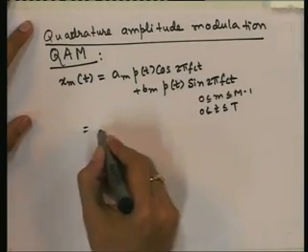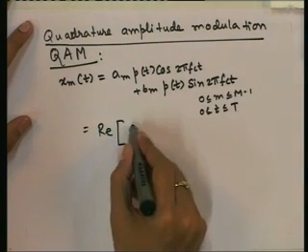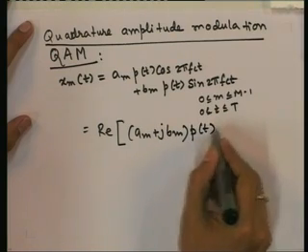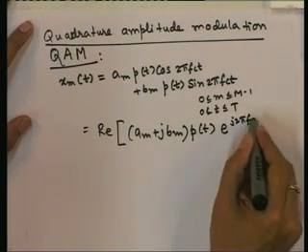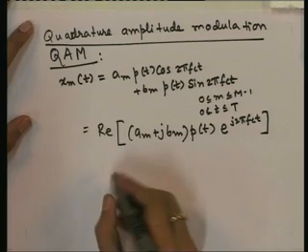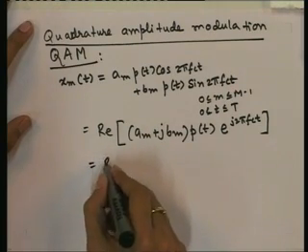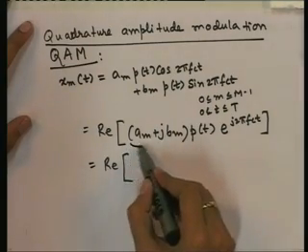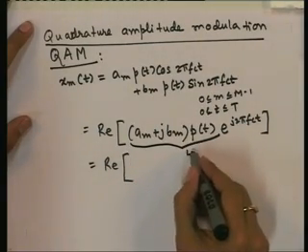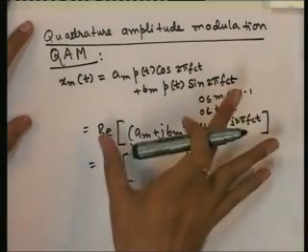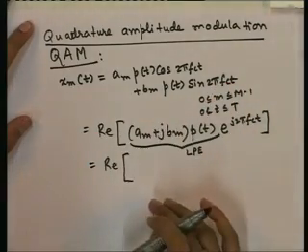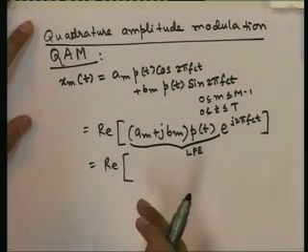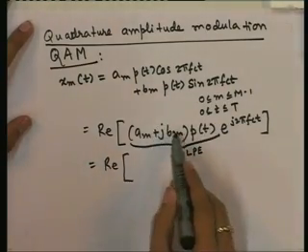So this can also be expressed as the real part of (A_m plus j B_m) p(t) e to the power j 2 pi f_c t. Here this is the low pass equivalent representation, in terms of the low pass equivalent signal, and this low pass equivalent signal is expressed in Cartesian coordinates, (A_m plus j B_m) times p(t).